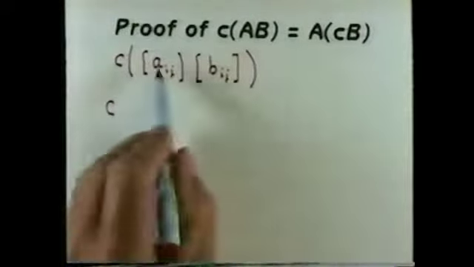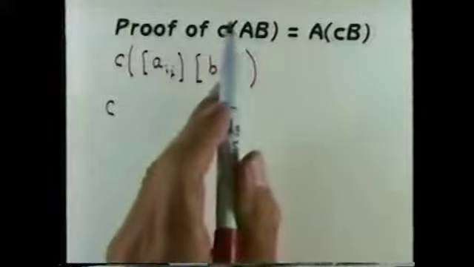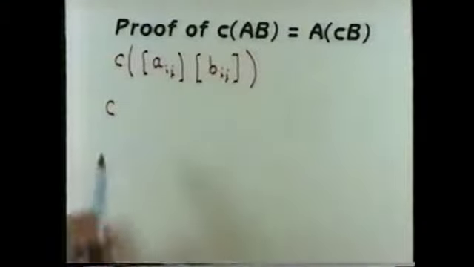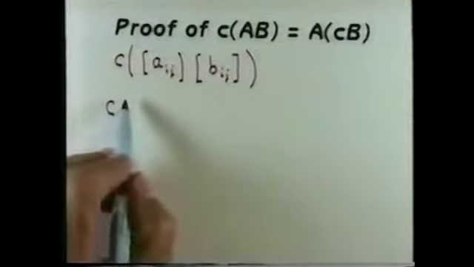Well, how do I do this matrix multiplication? Remember, I had to go across the row, down the column, but we had a way of writing that.